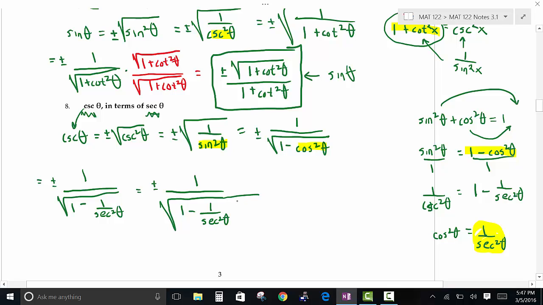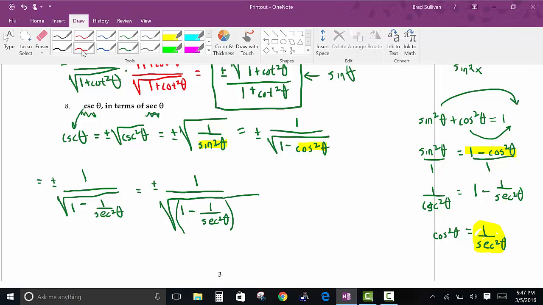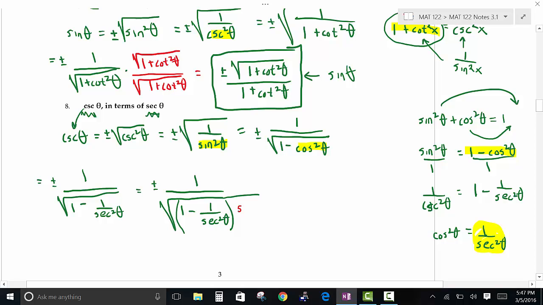Now the idea would be you would need to multiply under that radical by a secant squared theta to get rid of that. So I'm going to put a parenthesis around there, and we're going to do that. Okay, so I'm going to multiply under that radical by secant squared theta to get rid of that.